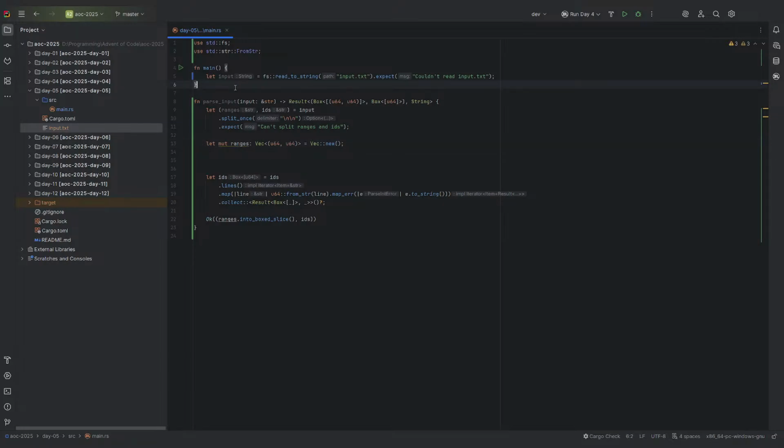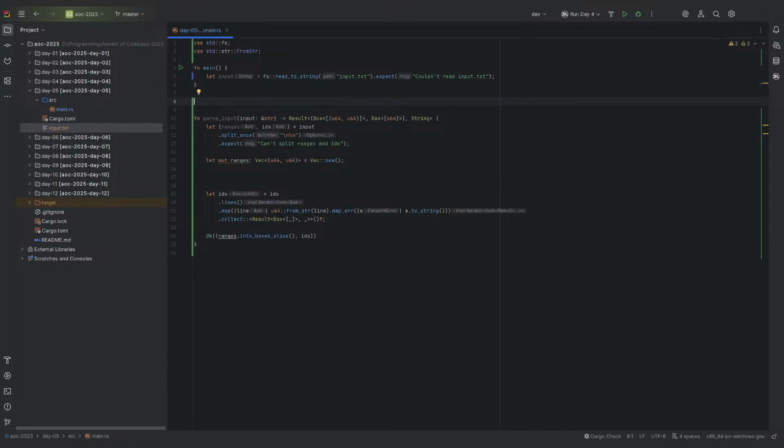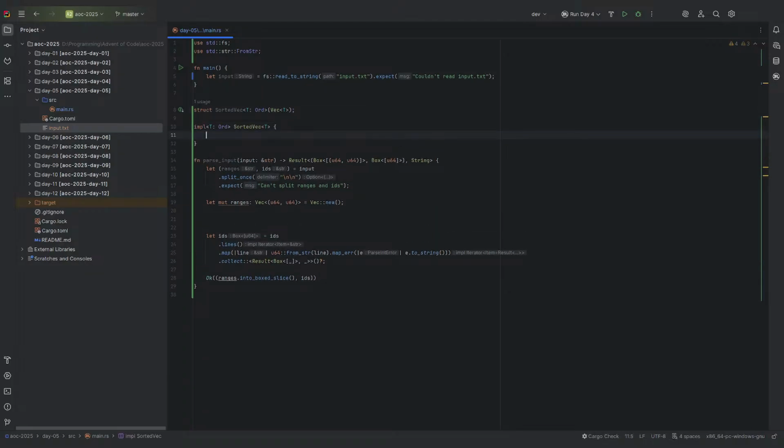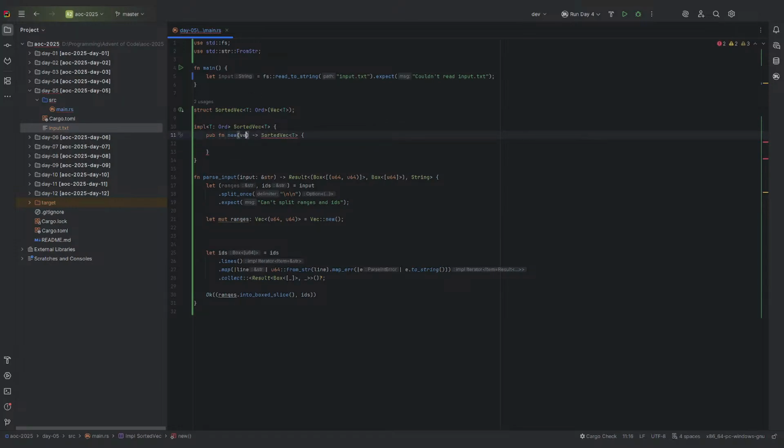Ideally, let's make a wrapper around Vec. An ordered collection that is just going to wrap a Vec of T, so that I can implement... I think what I want to first is consume.